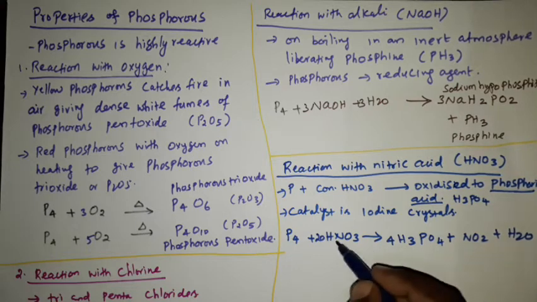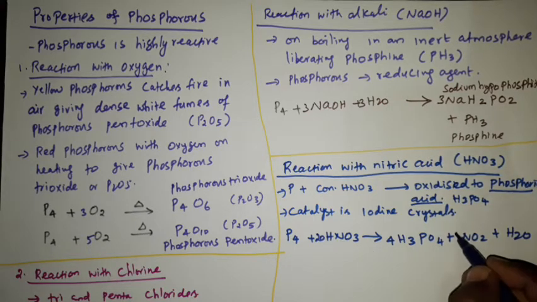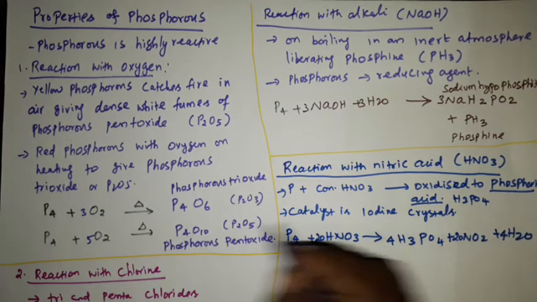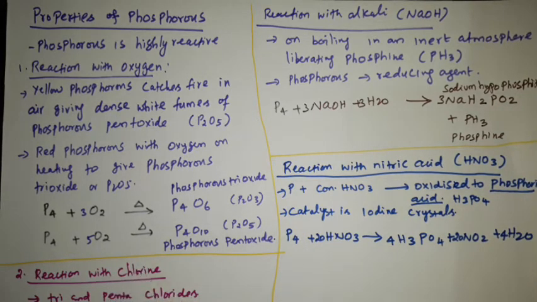Because of this 20 nitrogen, put 20 here. Then 4 H2O. Now the equation is balanced. P4 plus 20 HNO3 giving 4 H3PO4 plus 20 NO2 plus 4 H2O. You can check whether the equation is balanced.